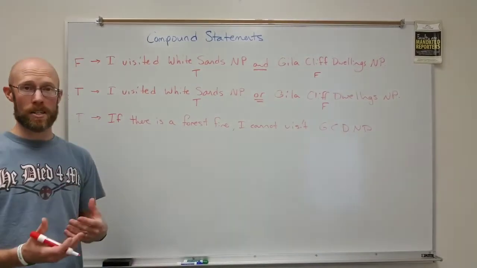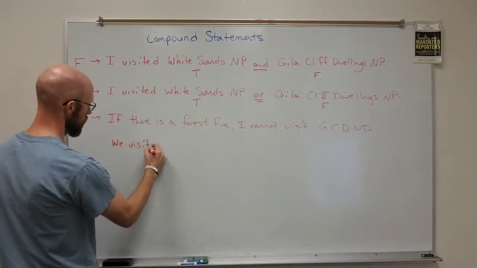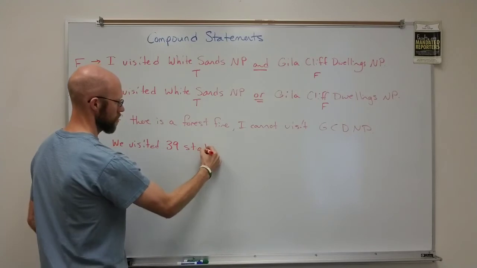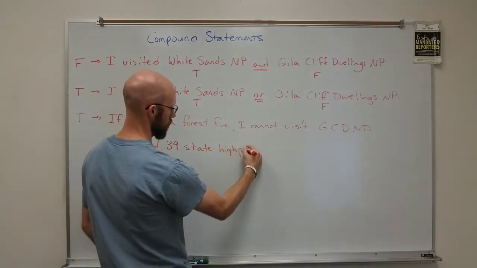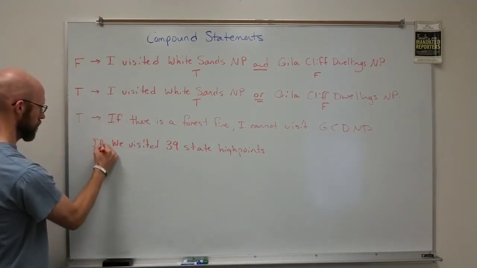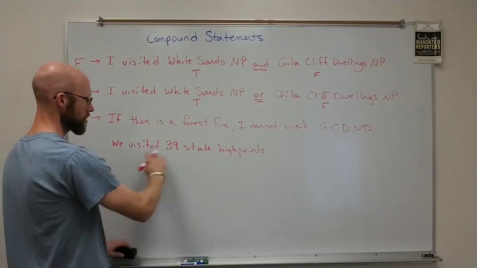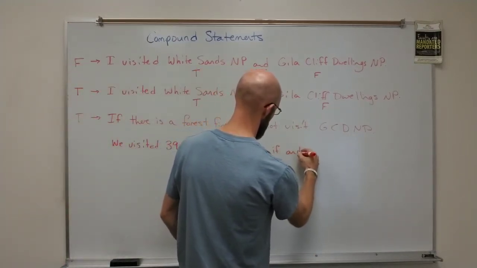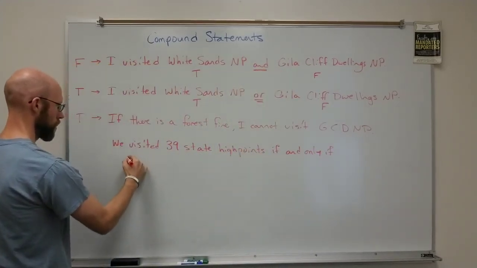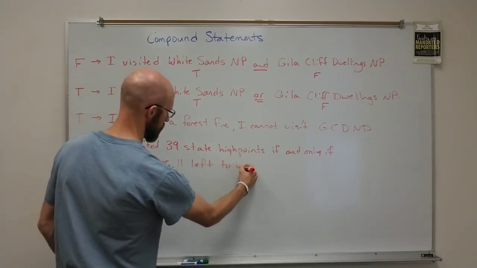And so a biconditional statement might be: we visited 39 state high points if and only if we have 11 left to visit.